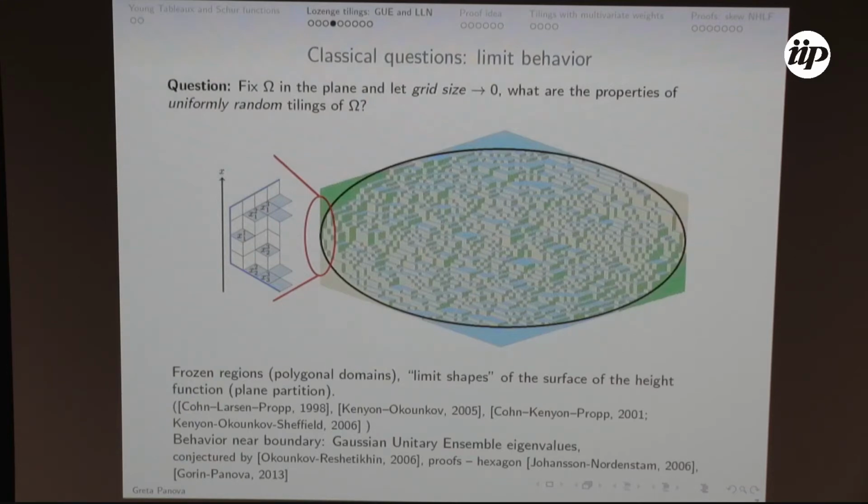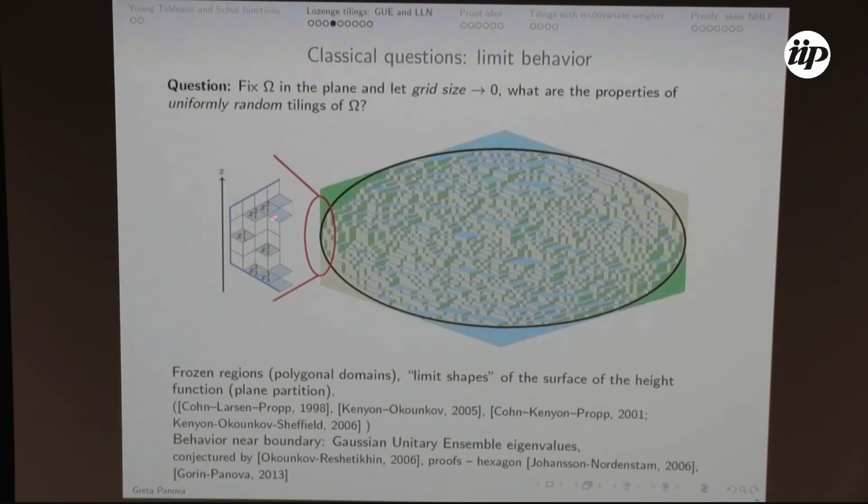One can ask what is a typical surface, or is there actually concentration happening? Are most Lozenge tilings close to some particular deterministic surface? It turns out yes.